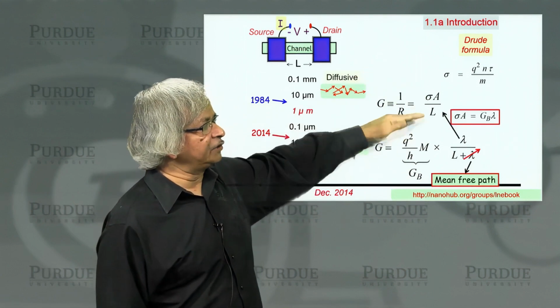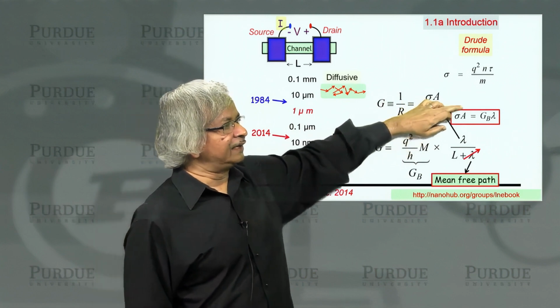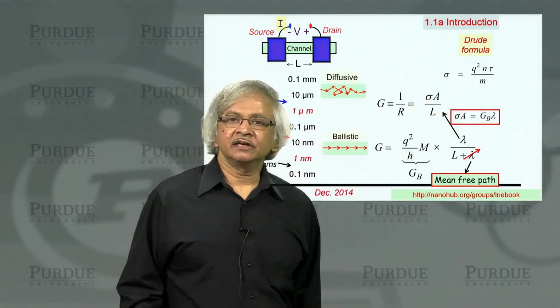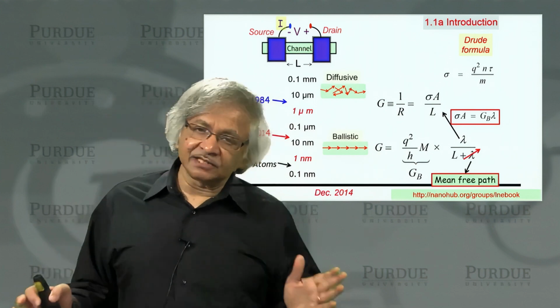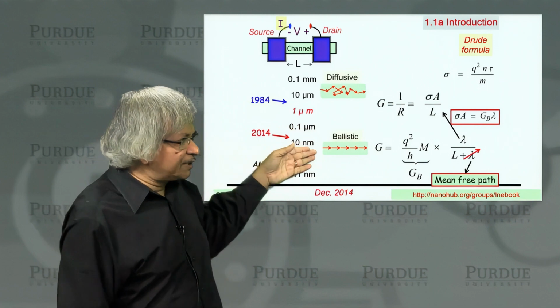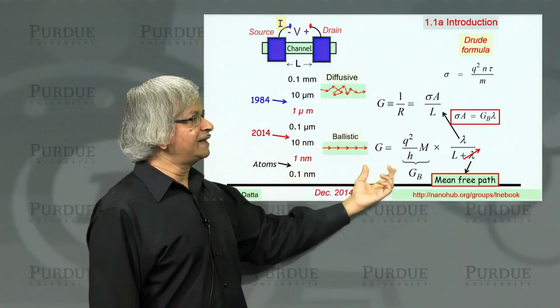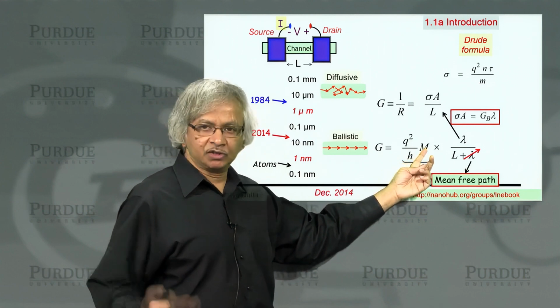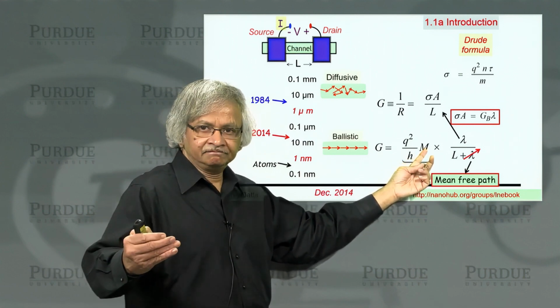And if you compare the two, you can see that the conductivity should be equal to the ballistic conductance times the mean free path. So that's this new perspective we are talking about, where you start from this end, define something called the ballistic conductance, which depends on the number of modes, which is a material property.